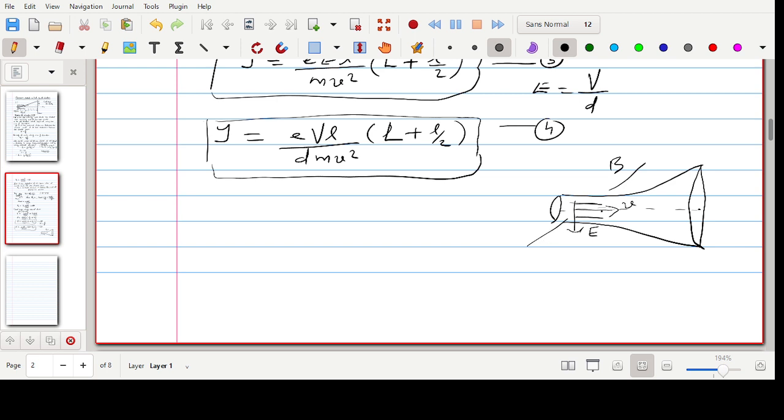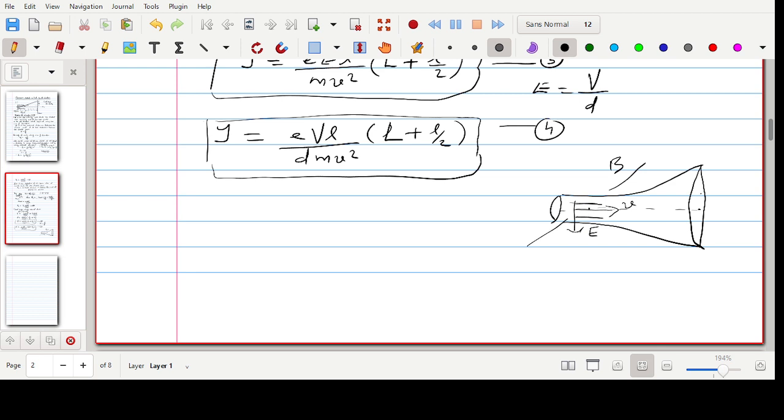You select the direction in such a way that the shift of electron will be in negative y direction. If shift due to electric field is equal to shift due to magnetic field, then you will be having an undeflected beam here. So, in the experiment, what you are doing is you first will be applying a magnetic field and you will find the shift for that.